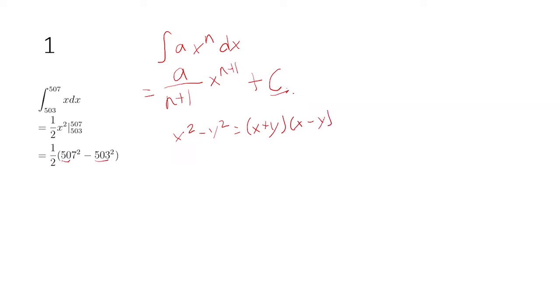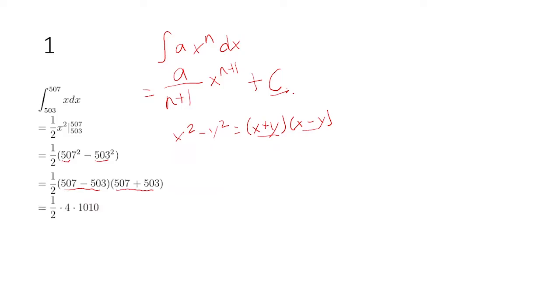So we can apply that rule here. It will be 1/2 of x minus y times x plus y, 507 minus 503 and 507 plus 503. That'll just make it a lot easier to evaluate rather than finding 507 squared and 503 squared and then subtracting them both.